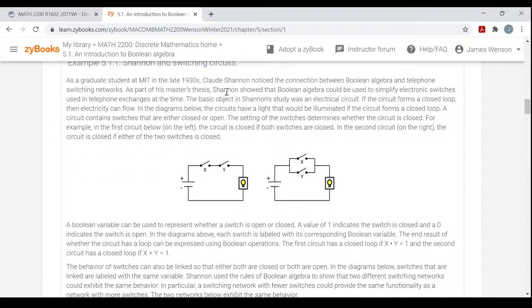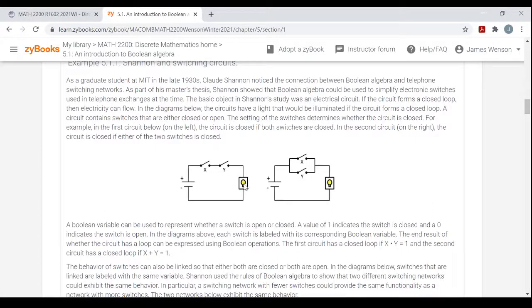Now, Claude Shannon equated this to circuit switching. So these are just pictures to represent different operations. So imagine, this little picture here is a battery producing charge.